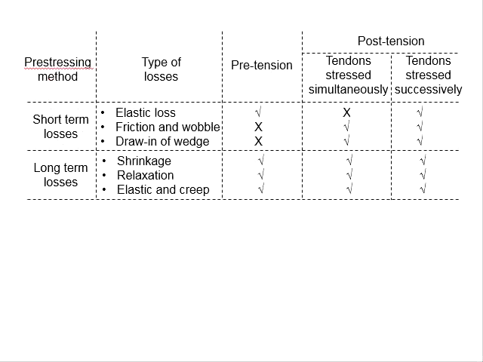To solve this question, first you need to identify the short-term losses related to the section. It is a post-tension beam and the tendons are stressed successively. This means all 3 short-term losses need to be checked, which include the elastic losses, friction and wobble, and also draw-in of the wedges.